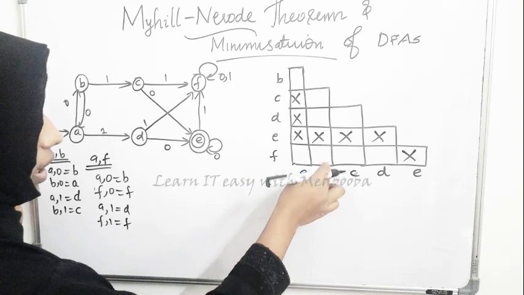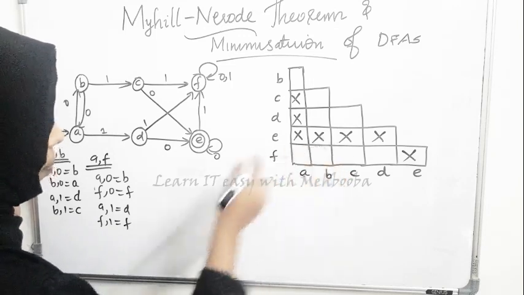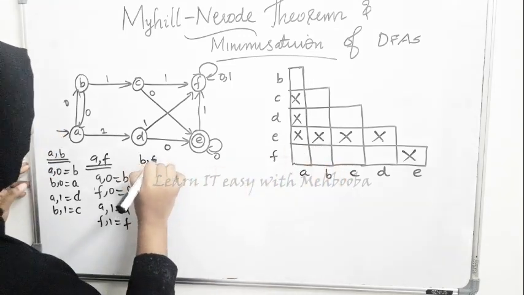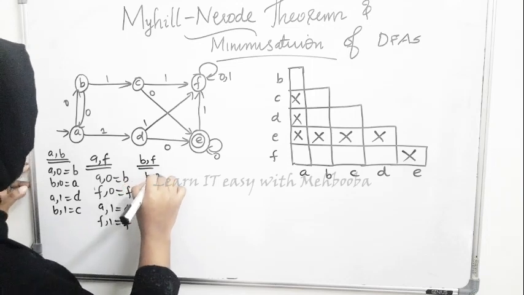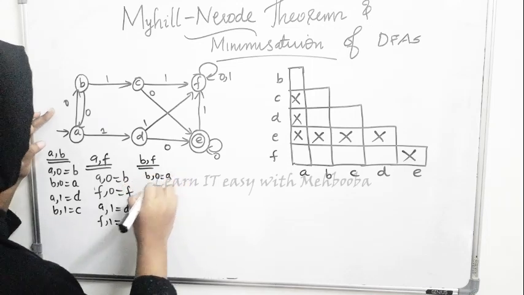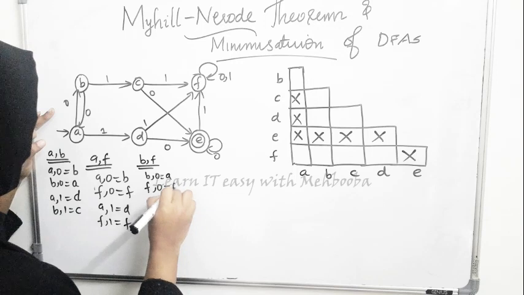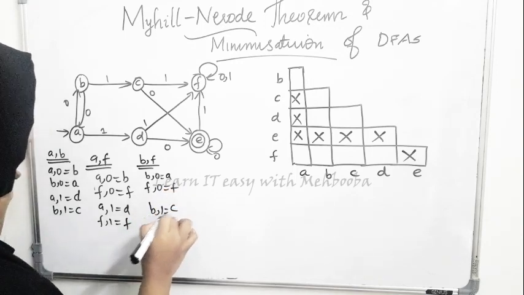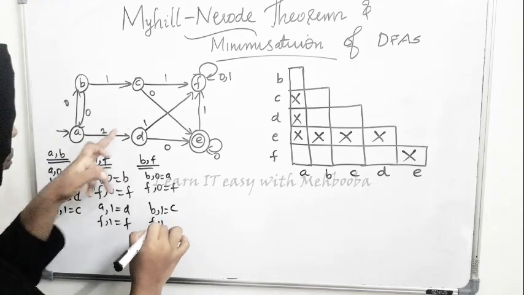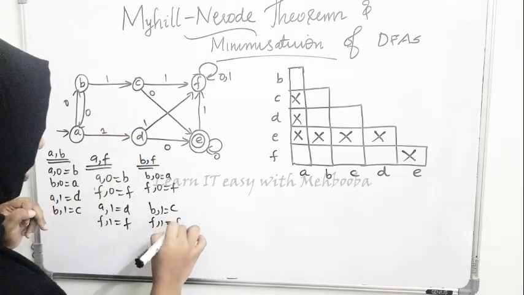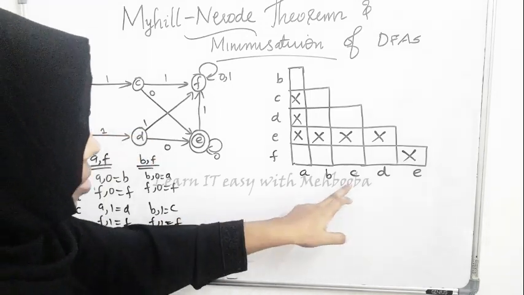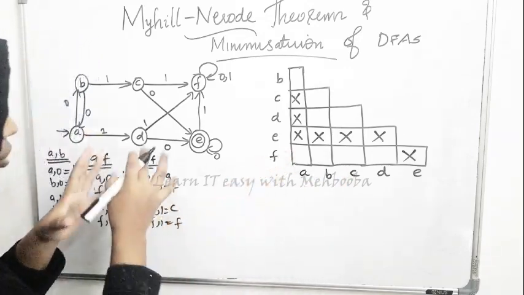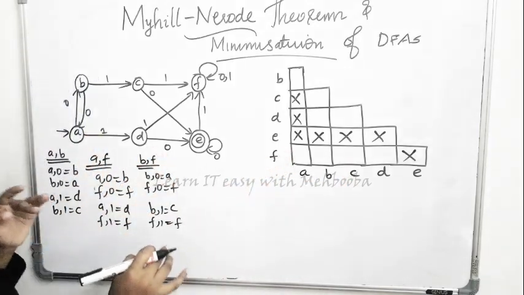Now we will check the next unfilled column DF. So B comma 0 is A, F comma 0 is F itself, B comma 1 is C, F comma 1 is F itself. So CF is not marked, AF is not marked. So you can't mark DF for the time being, keep it.